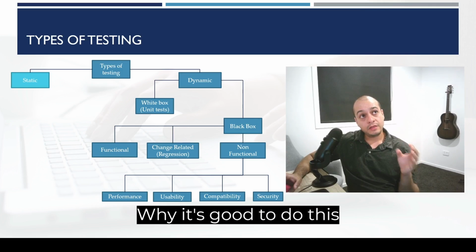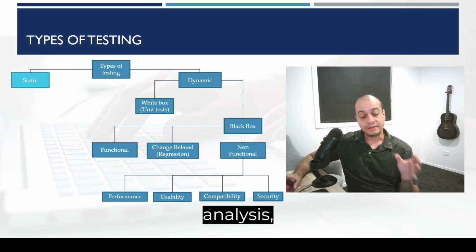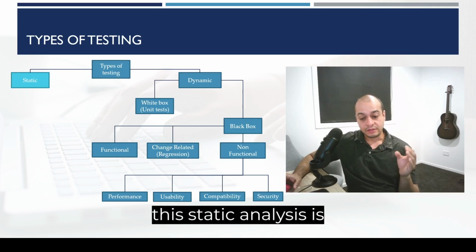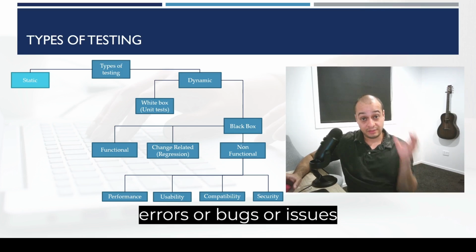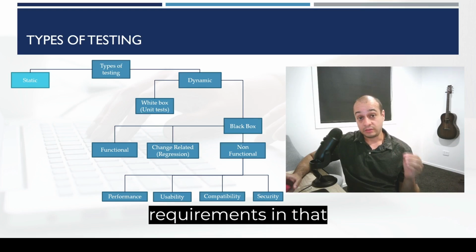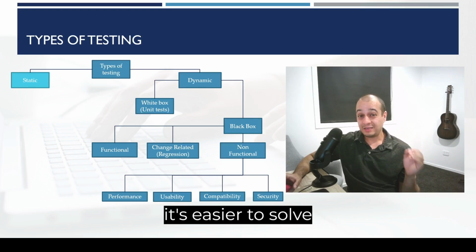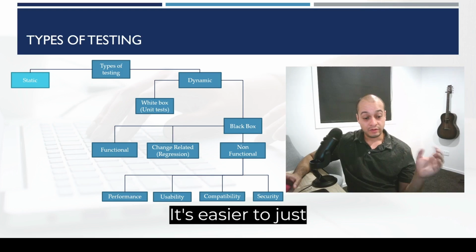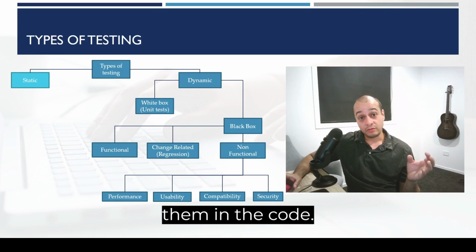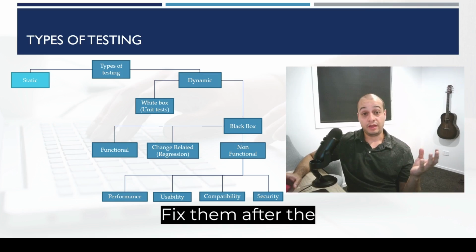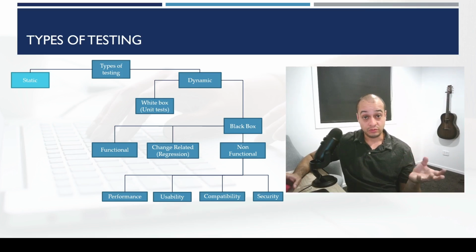Why it's good to do this static analysis is because if you find errors or bugs or any issues in the requirements in that document, it's easier to solve them. It's easier to just remove one word and add another word than fix them in the code, or fix them after the software is released to users.